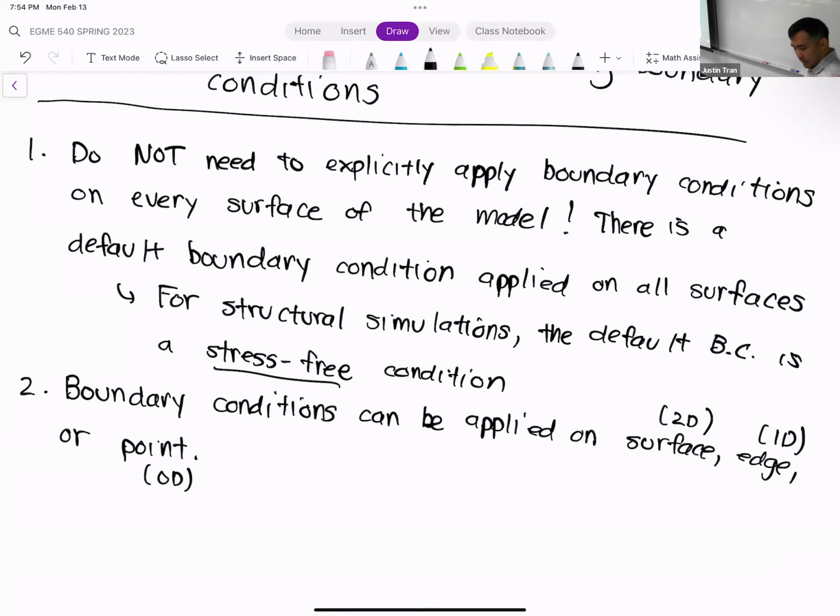Generally speaking, the most preferable way is to apply your boundary condition on as wide or as large a surface or area as possible.